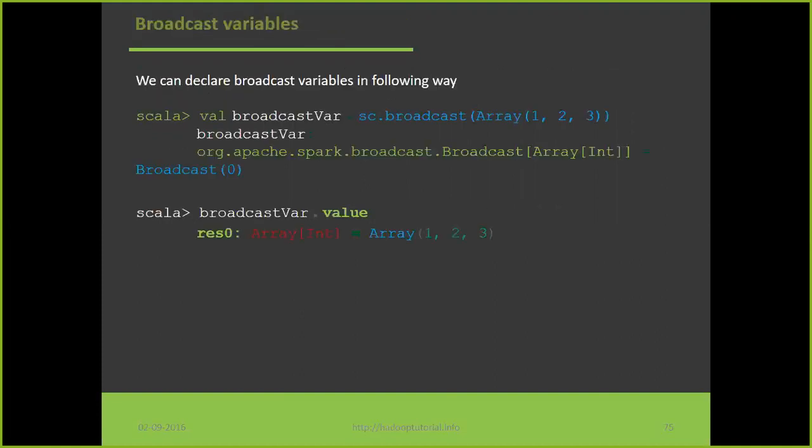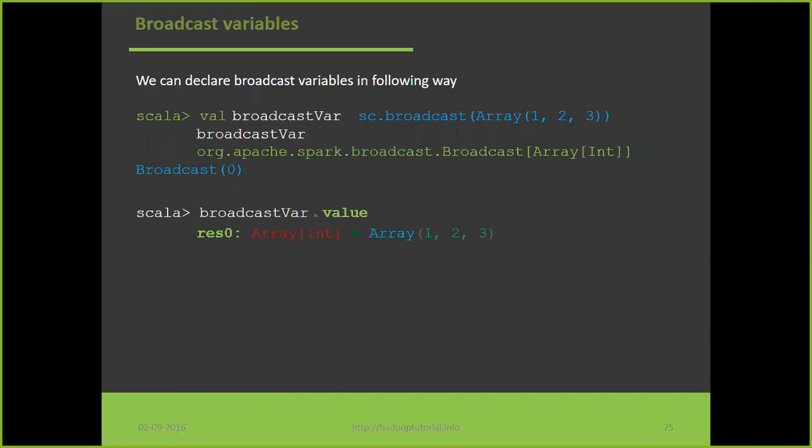Let's see how to make a variable a broadcast variable. Just use that variable name in the sc.broadcast function or method. So we have the broadcast method on the Spark context. If I pass anything, an object, a string, an array, a list, a map, you can broadcast anything.